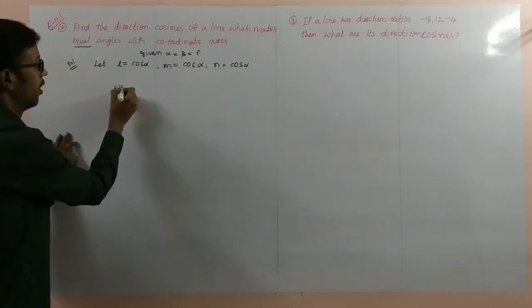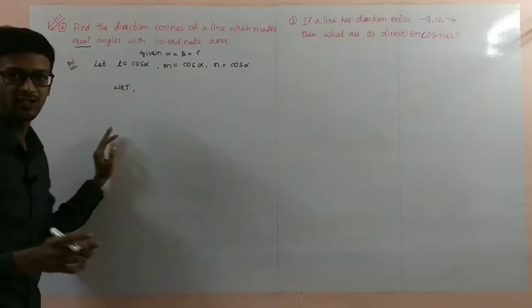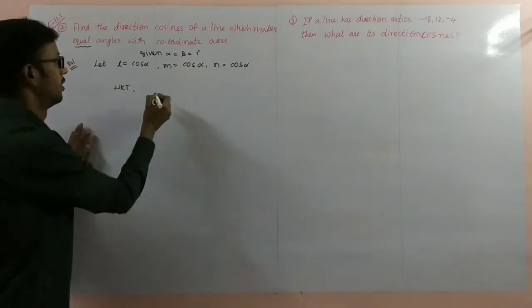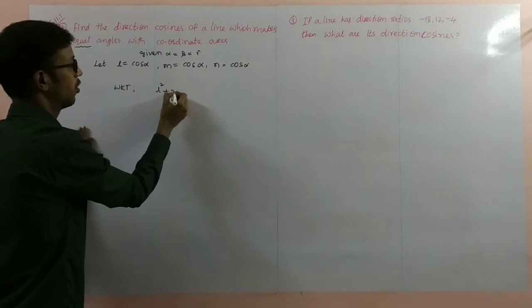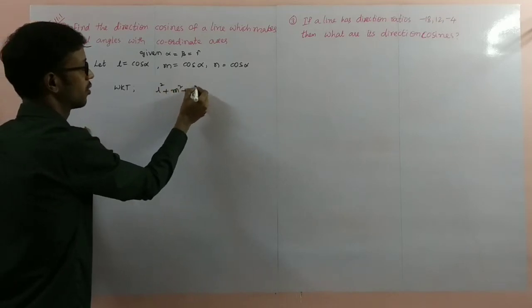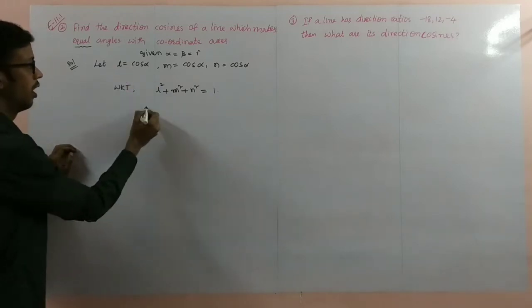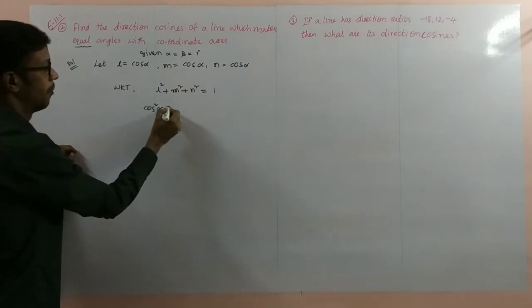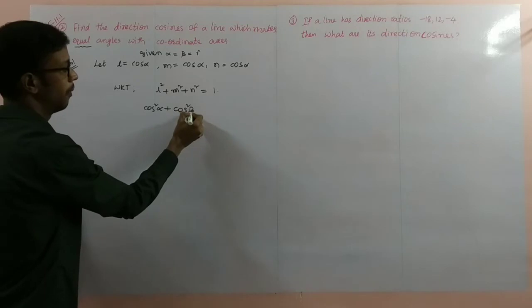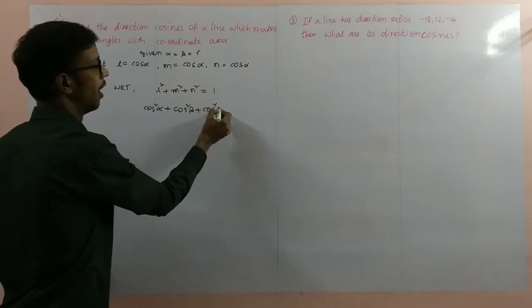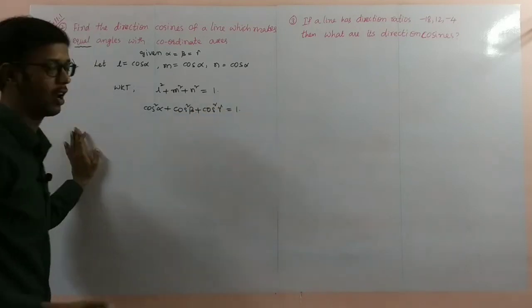We know the relation between direction cosines: l square plus m square plus n square equal to 1. So substitute here: cos square alpha plus cos square beta plus cos square gamma equal to 1.